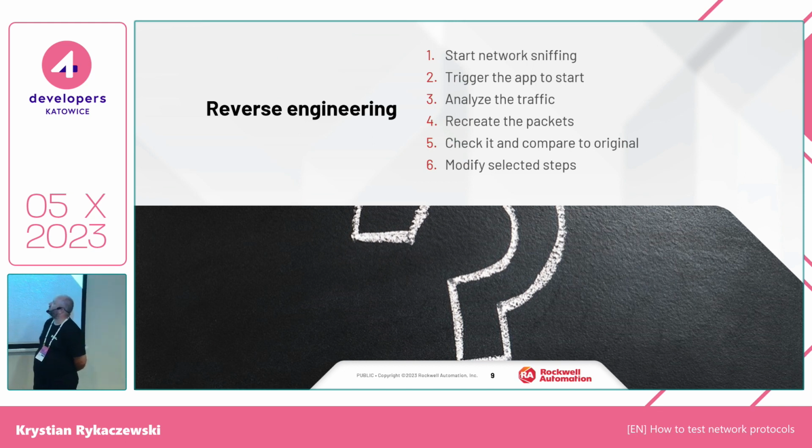Recreate the packets, just in Python, or it can even be pure bash. Send back and see if we can replicate this and if the logic will be exactly the same. And then, knowing that we did this correctly and we see the same outputs and responses, we can start to modify selected packets a little bit.